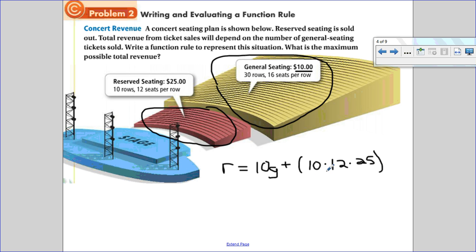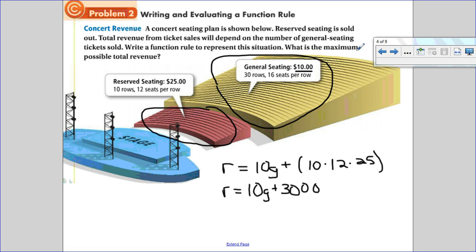So that comes out to be, let's see, 250 times 12, should be about 3,000. Yep, 3,000. So our function rule is R equals 10G plus 3,000.